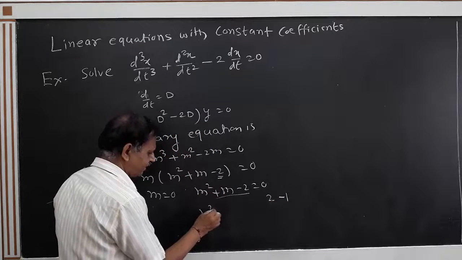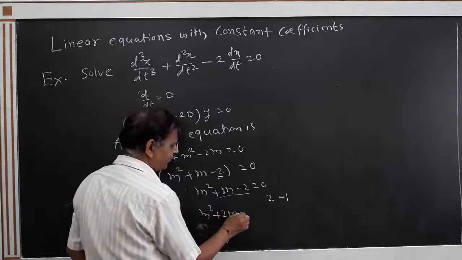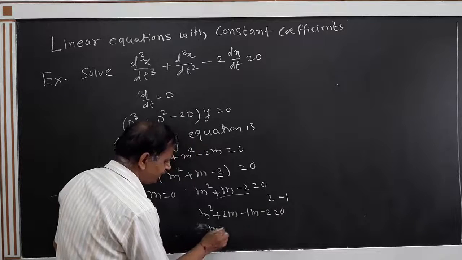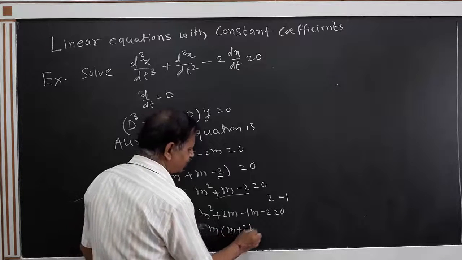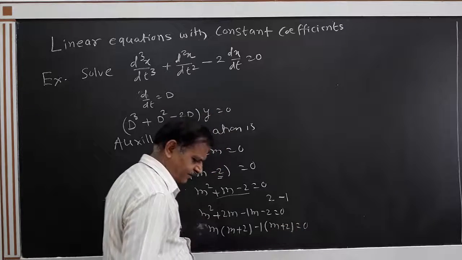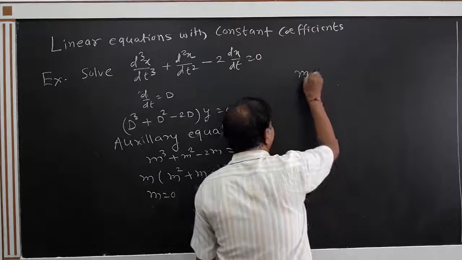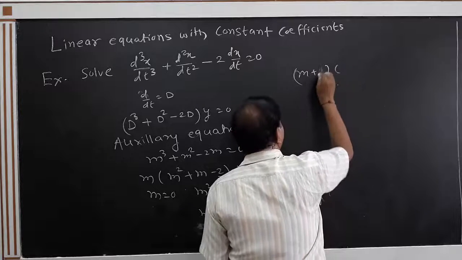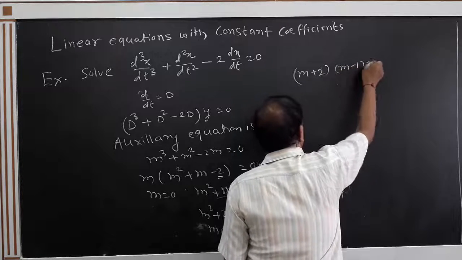Therefore, m square plus 2m minus 1m minus 2 equal to 0. m is taken common from the first two terms and minus 1 from the last two, so (m plus 2) into (m minus 1) equal to 0.